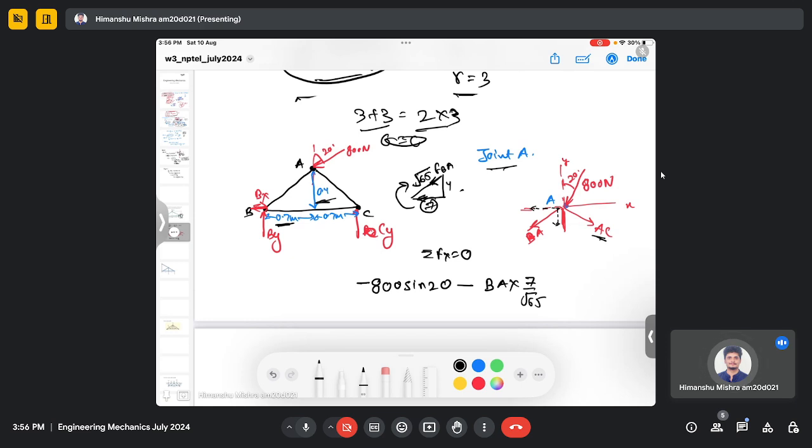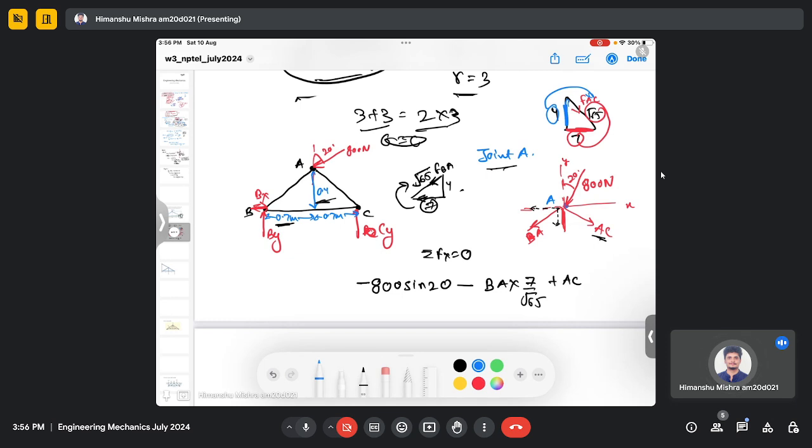Now the horizontal component of force AC is in the positive x axis. This is our force AC. If you want to calculate the horizontal component of force AC, it will be 7 by root 65. If you want to calculate the vertical component, it will be 4 by root 65.